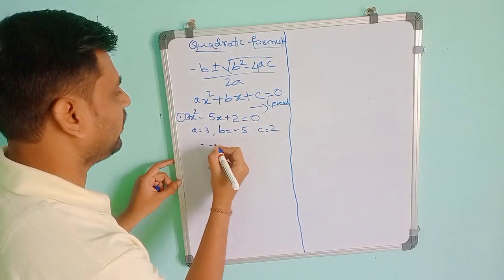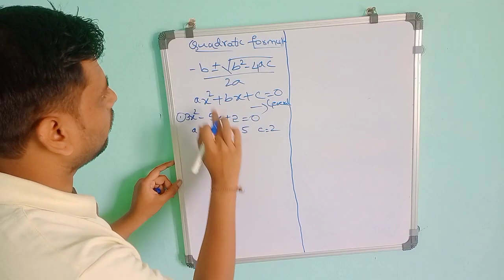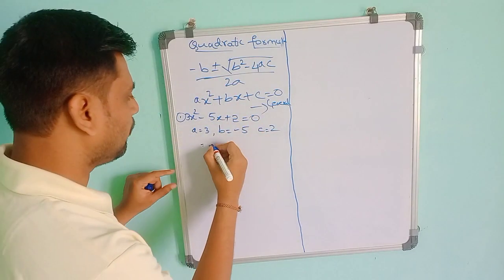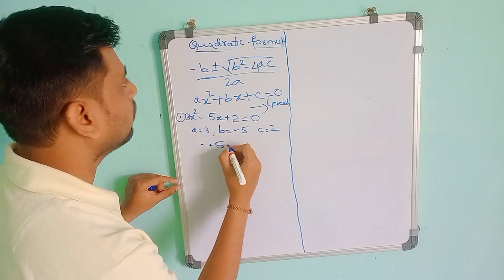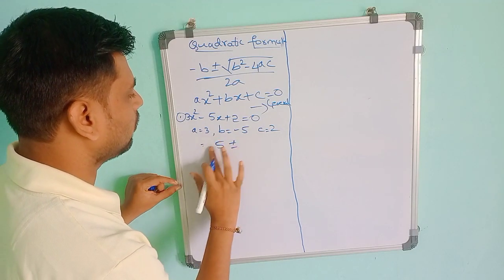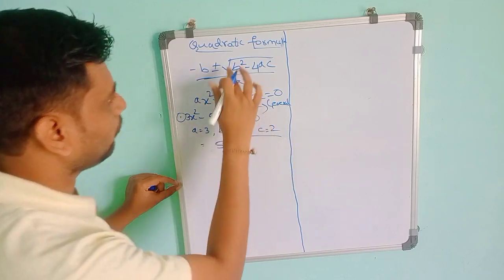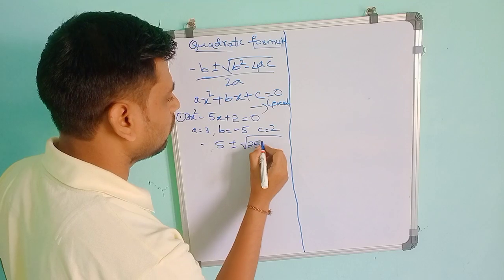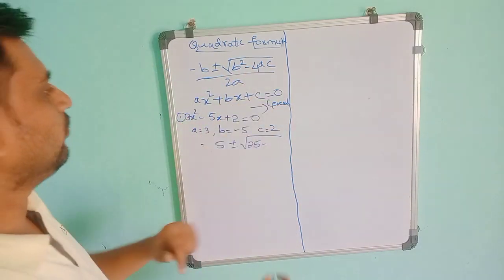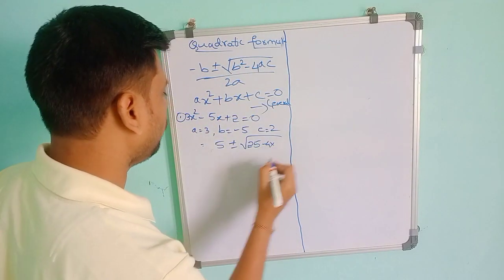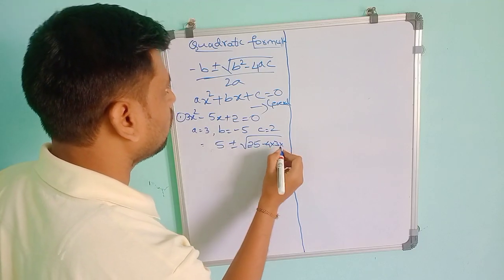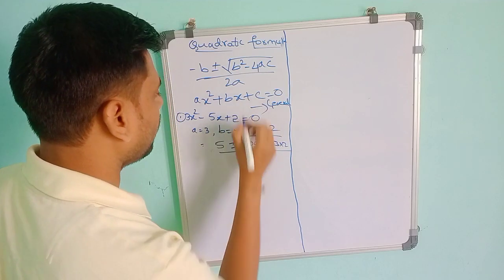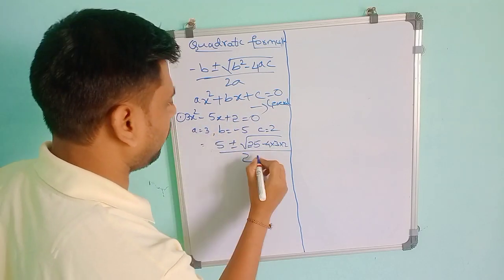So minus b: b is already minus 5, so minus of minus 5 is plus 5, plus or minus root of b, which is minus 5, whole square is 25, minus 4 into a into c. 4 into a, which is 3, into c, which is 2, divided by 2a, 2 into 3.